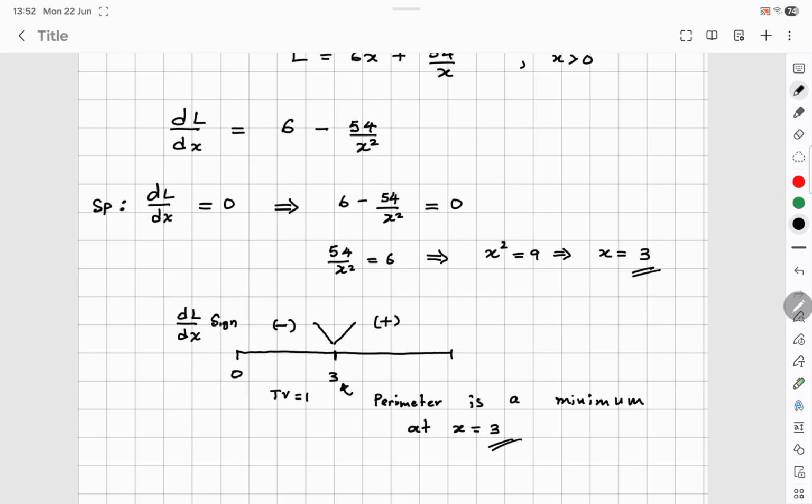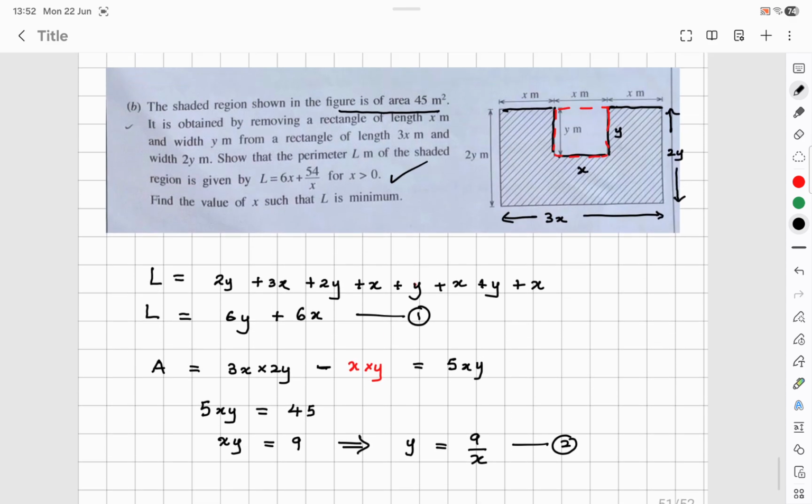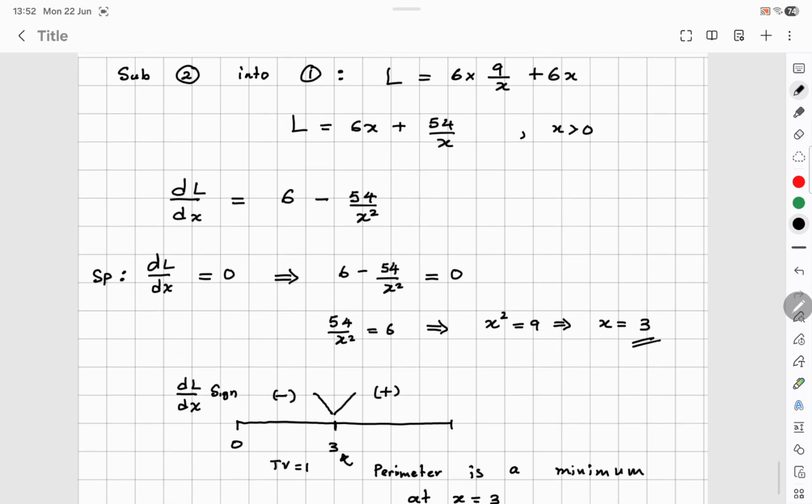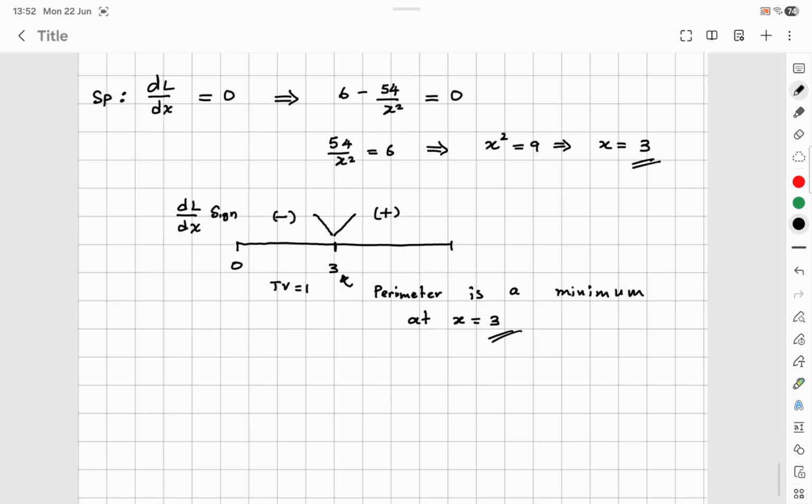Right. So you have to show that at x equals 3 it's a minimum. So now then, yeah, that is done. Find the value of x such that L is a minimum. So perimeter is a minimum at x equals 3.